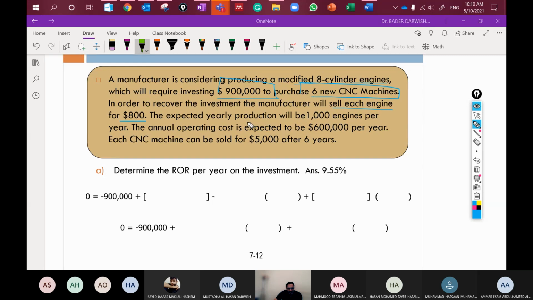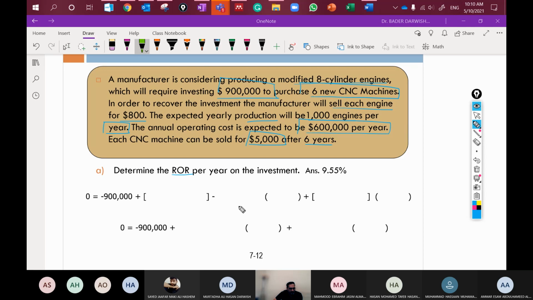The expected yearly production will be 1,000 engines per year. The annual operating cost is expected to be 600,000 per year. So he's giving me the income and the outcome. Each machine can be sold for 5,000 after 6 years. Determine the rate of return.